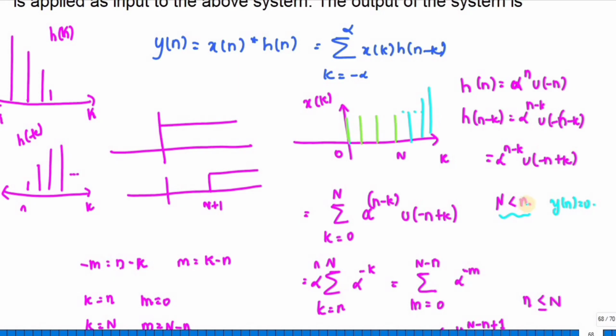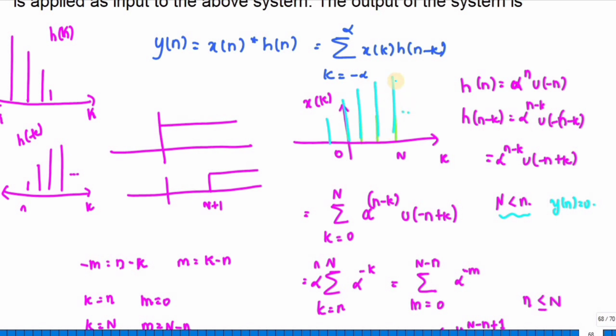Okay. So what will happen if this n is less than some values? Okay. So let me think. If it starts from here, it starts from here and it goes like this. Okay.